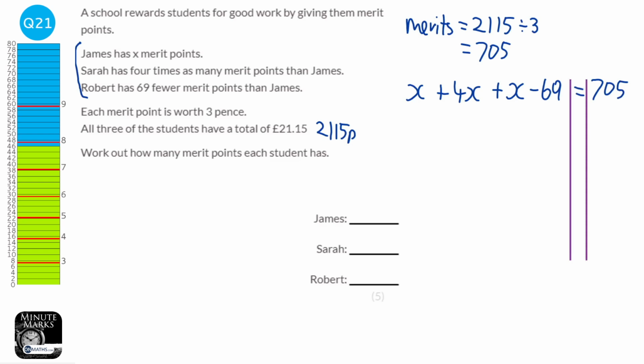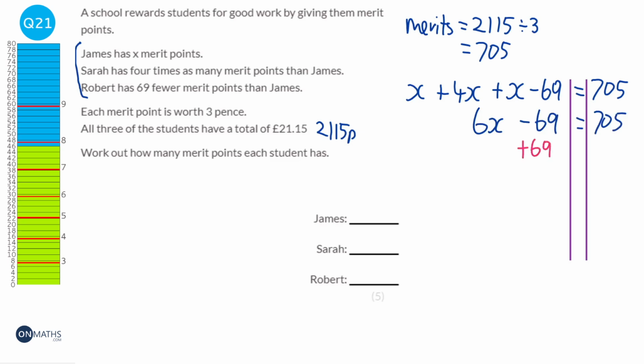So we've got x plus 4x plus x minus 69, which is 6x minus 69 equals 705. And we're going to add 69 to both sides. So we've got 6x equals 774. Then we're going to divide by 6 both sides.